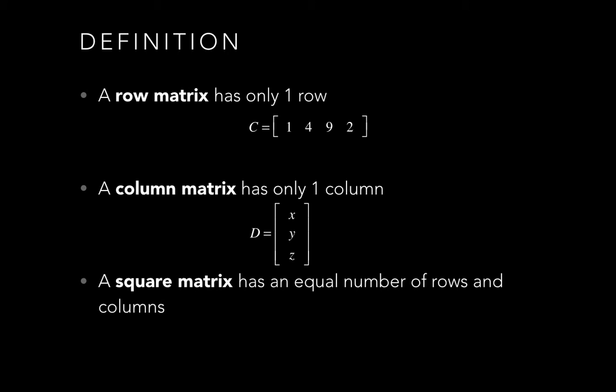Or you could have a square matrix because it creates a square due to the equal number of rows and columns. These are all examples that we saw in our previous notes here. A is an example of a square matrix. D was a column matrix, and C is a row matrix. Now you can have matrices that don't fit into these categories, but we do have unique names for these types.